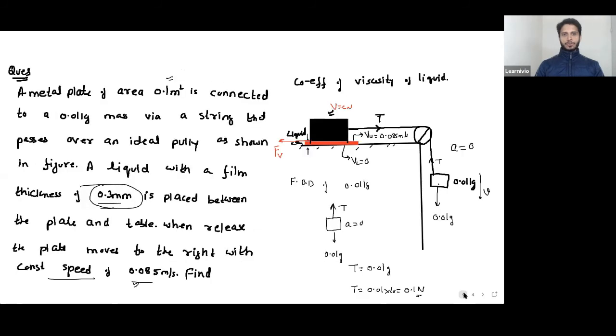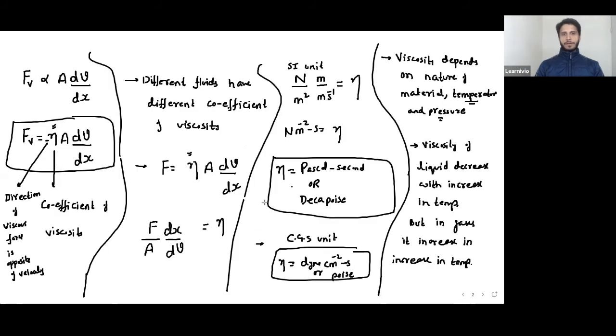Okay, so after Poiseuille's formula, the next thing is Stokes law. Stokes law also gives a formula to calculate viscous force. One relation to calculate viscous force is the one that we have written. It's a very general expression, valid for all types of fluids, for all types of cases.